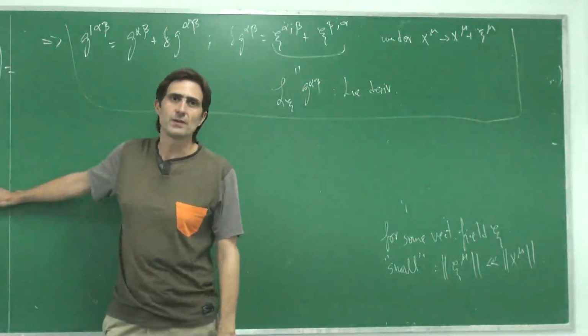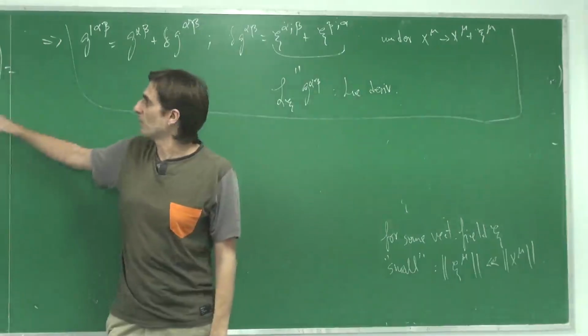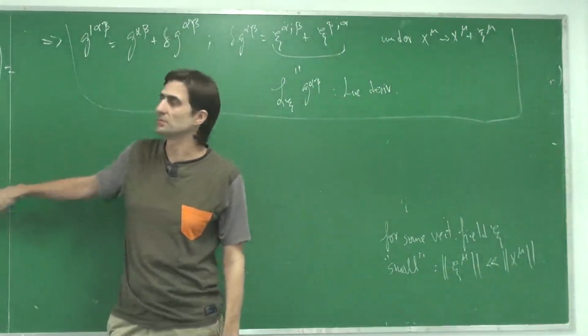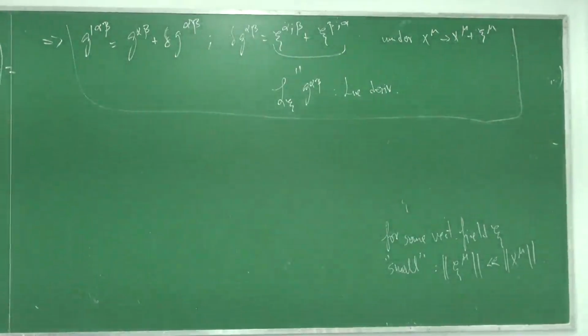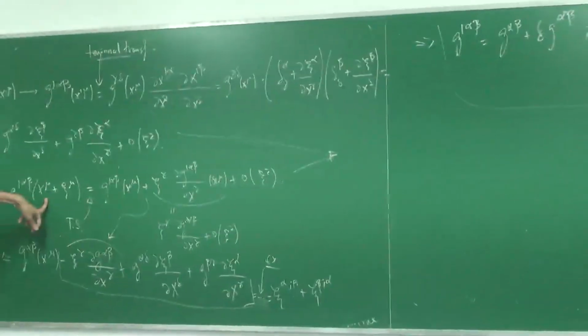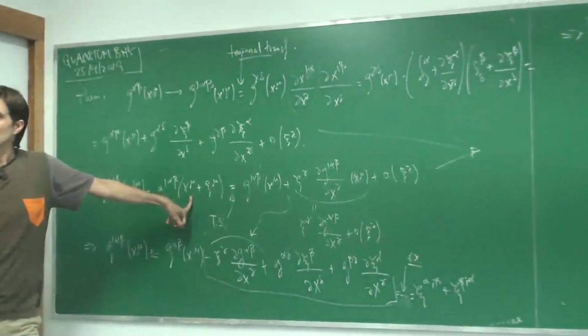I should say I don't really want to get in depth about this, but whenever I was doing this, there's something that really puzzled me, which is you're really changing the point here from x mu to x mu plus xi. You're changing the point. So this is an active viewpoint.